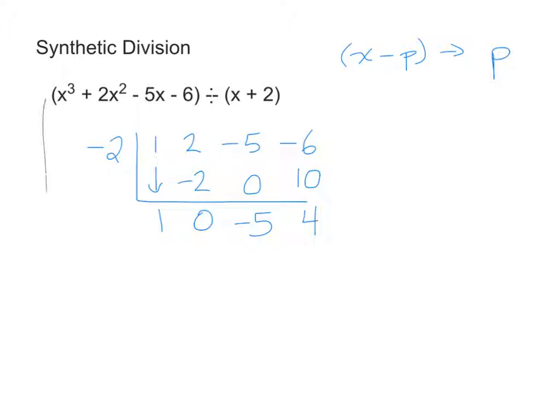So this division, these numbers, 1, 0, and -5, are the coefficients of the terms that you get when you divide. So if we're dividing an x cubed by x, we get an x squared.